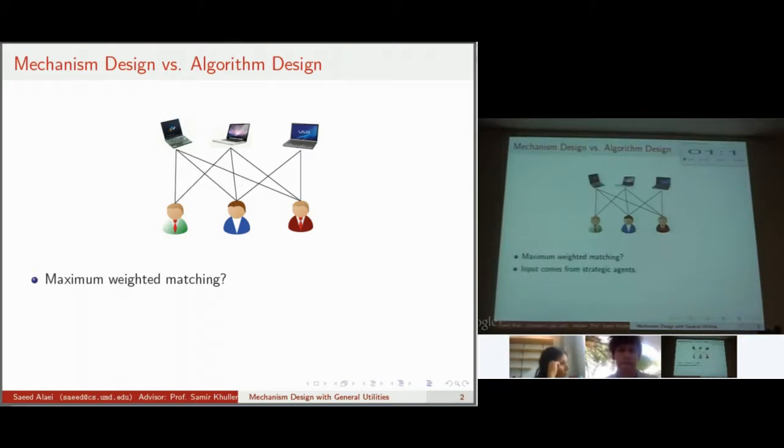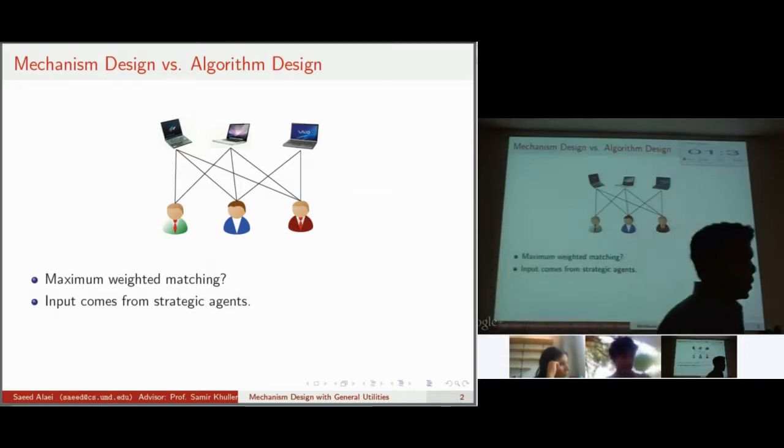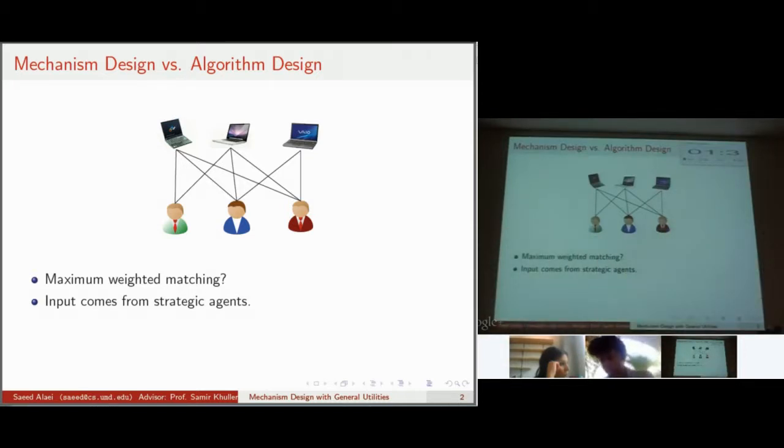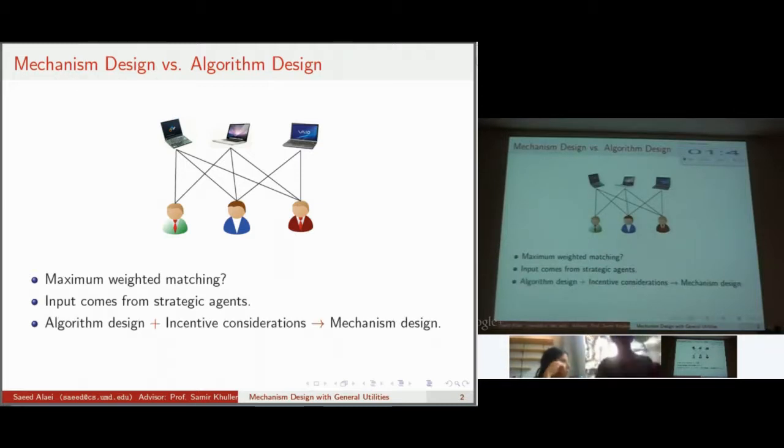However, the input to this problem, which is the weight on the edges, comes from the agents, which is their valuation for each item. And therefore, if they were strategic, they could possibly misreport their valuations, and we wouldn't get the desired outcome. So a mechanism is just an algorithm which takes into account the incentives of the agents.